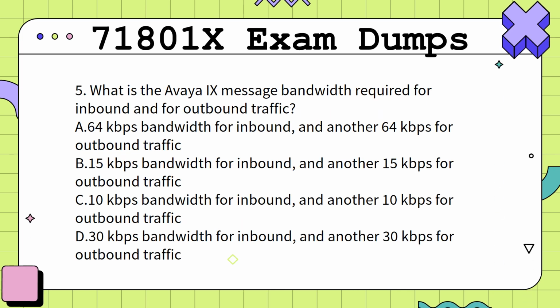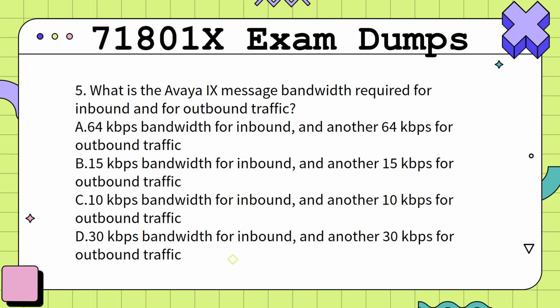5. What is the Avaya IX Messaging bandwidth required for inbound and for outbound traffic? A. 0.64 kilobits per second bandwidth for inbound, and another 64 kilobits per second for outbound traffic. B. 0.15 kilobits per second bandwidth for inbound, and another 15 kilobits per second for outbound traffic.